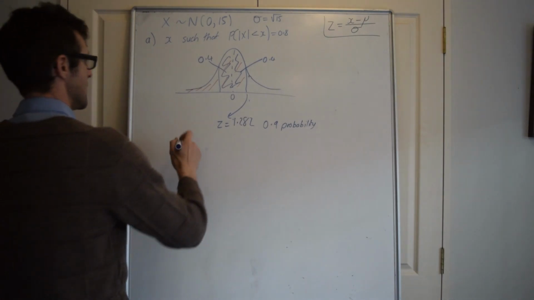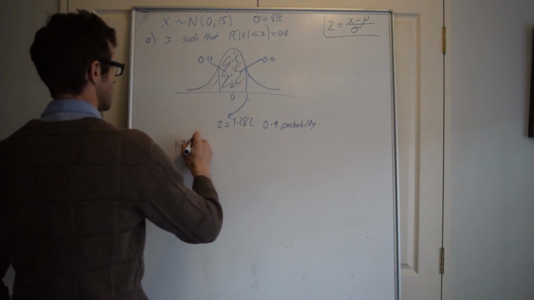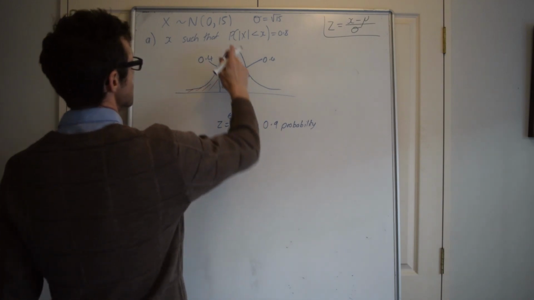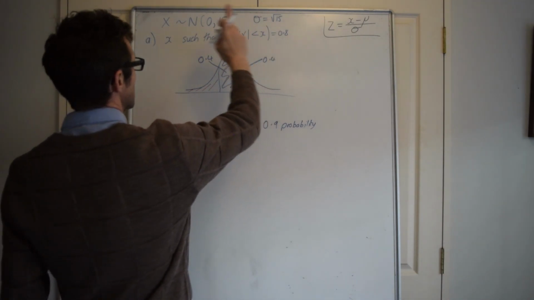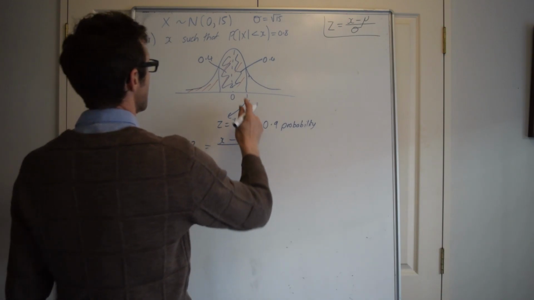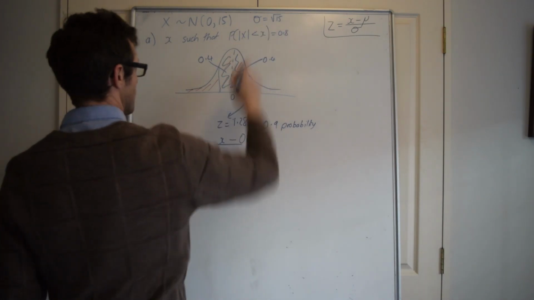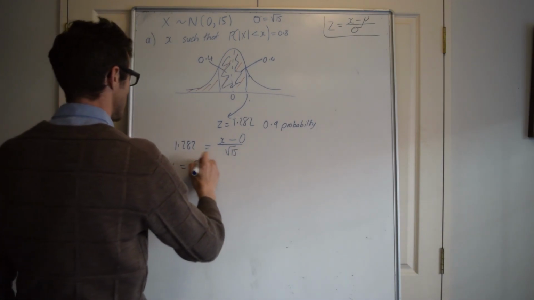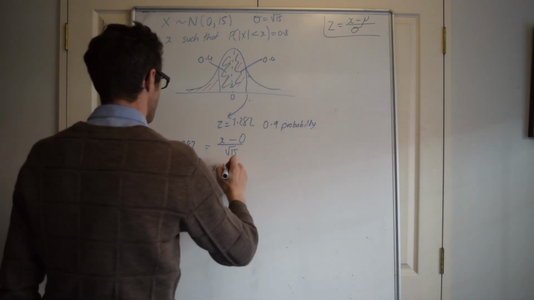My apologies. So it's going to be 1.282 is equal to x minus mu. Now we know that mu is 0, and we know that sigma is square root 15. So I'm just going to rearrange this, and I get x is equal to square root 15 multiplied by 1.282.